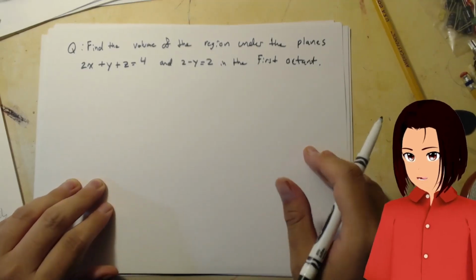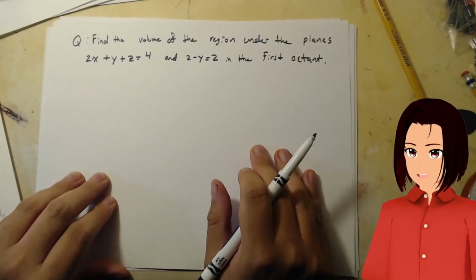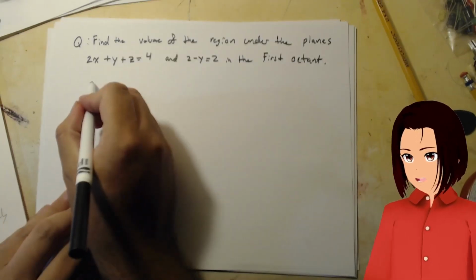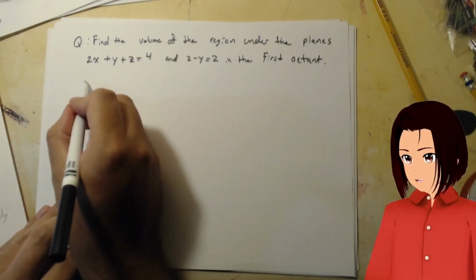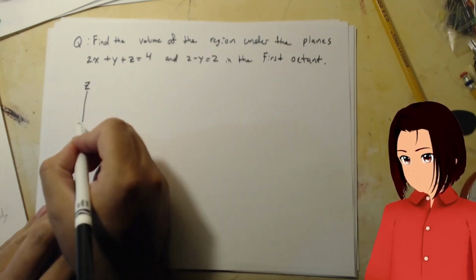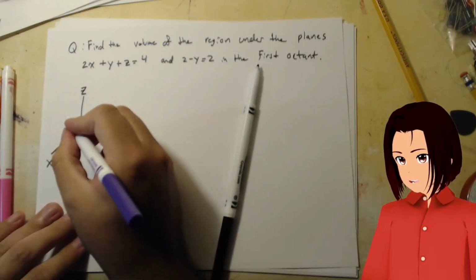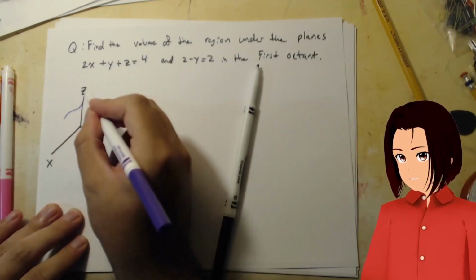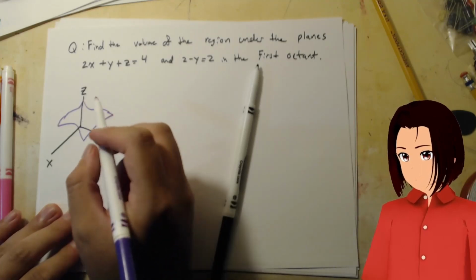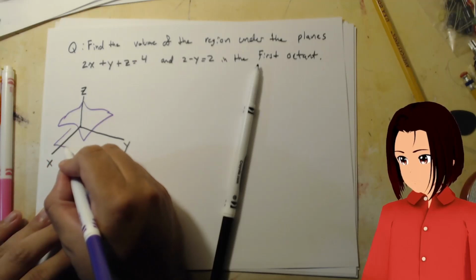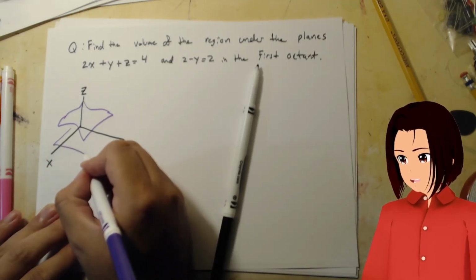There are some things we've got to know first. Here's how we're going to solve it. Say that we have an XYZ axis. You have some curve in 3D space, and it's above a region on the XY plane.